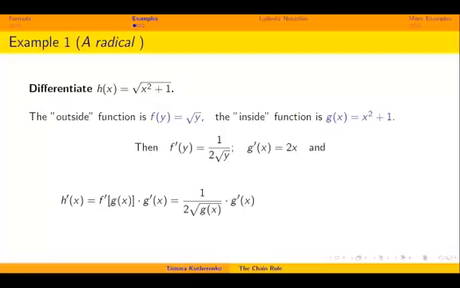Now let's substitute x squared plus 1 for g of x and 2x for g prime of x. We get 1 over 2 radical of x squared plus 1, times 2x. After simplifying, we get the final answer, x over radical of x squared plus 1.